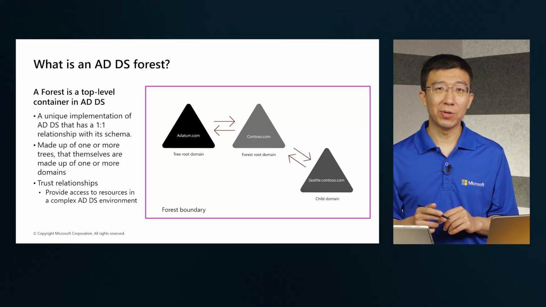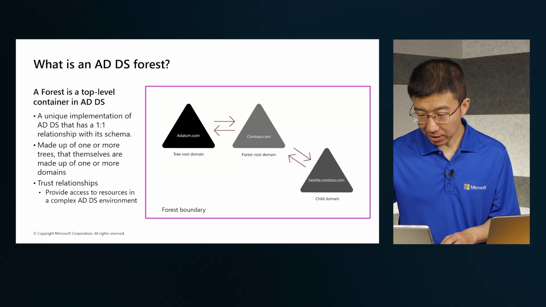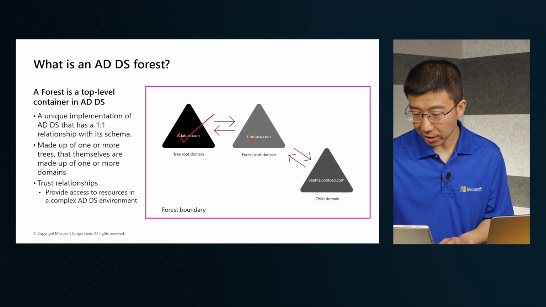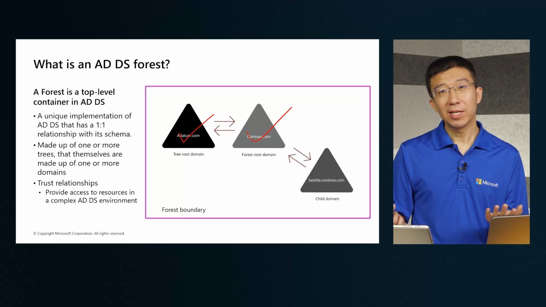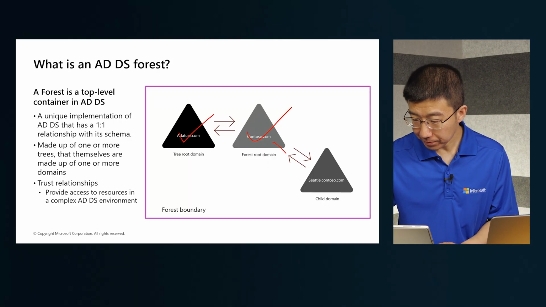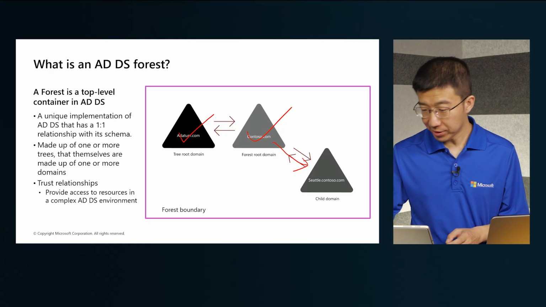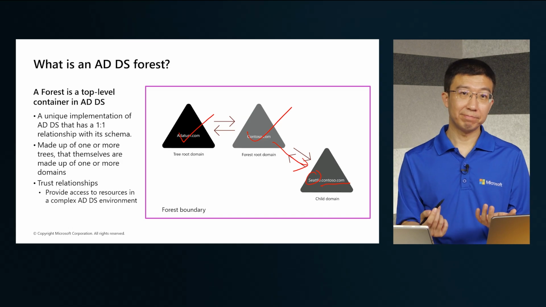In our example, there are two domains, datum and contoso.com. And as we can see, contoso.com has a child domain, seattle.contoso.com.